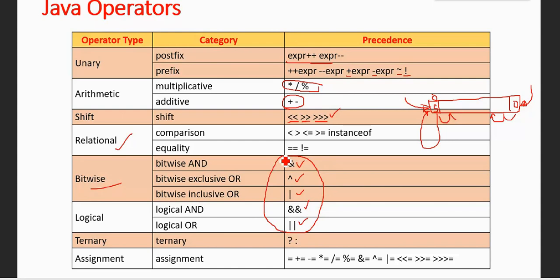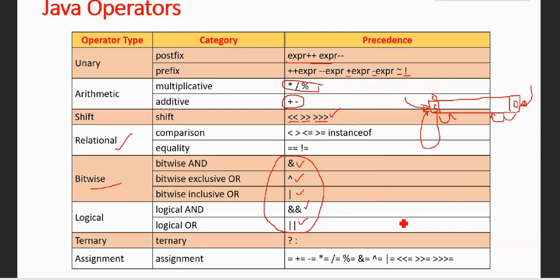Bitwise we haven't used. Then how would you perform the bitwise operation in C? We haven't performed it. You have not written any statement like this.